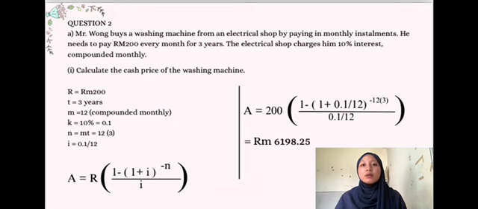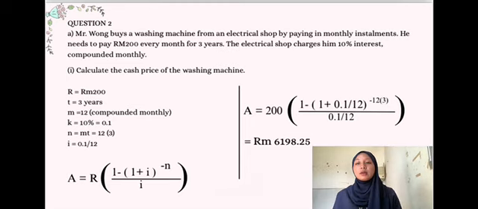A = 200[1 - (1 + 0.1/12)^-(12×3)]/(0.1/12), and you will get the answer, which is RM6,198.25.